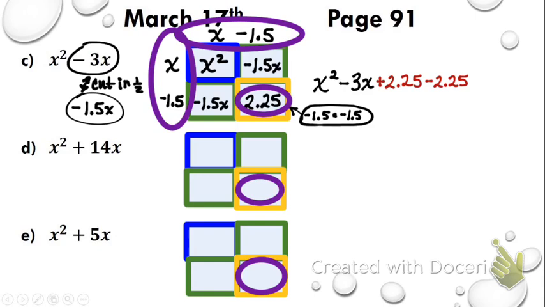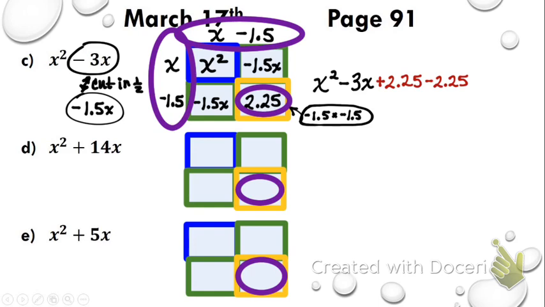Since you can't cut that in half... If you have $14, could you give half of it to Kyla and half of it to me? So put 7. Love it. This number right here is what you need to add as a friend.